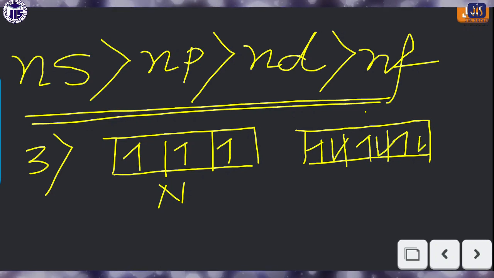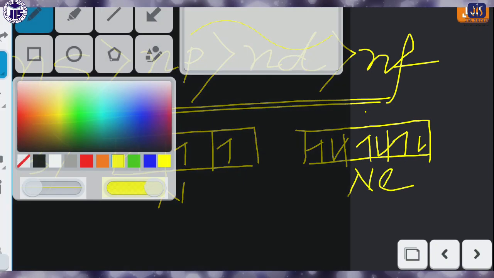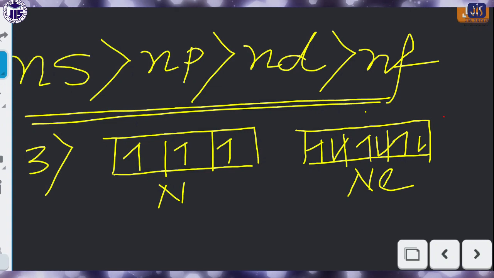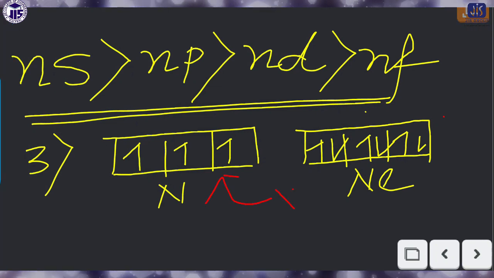Now there is no chance or no tendency to add one extra electron to this orbital or subshell. If you consider nitrogen, there is no tendency to add one extra electron, because that means it will be destabilized.